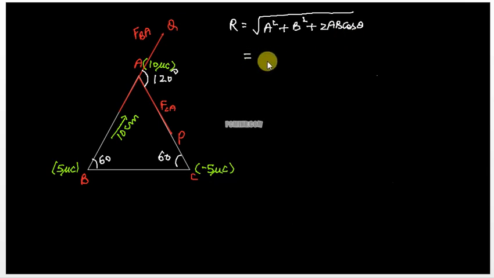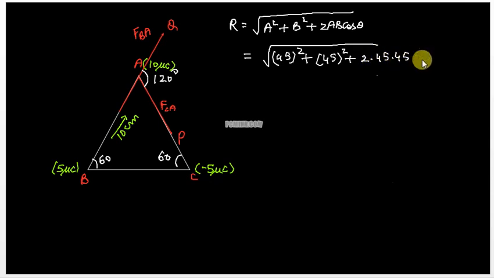So resultant force on 10 microcoulomb is going to be 45 square, that's the first force square, plus the other force is also 45, so 45 square, plus twice of 45 and 45, and cos of 120.